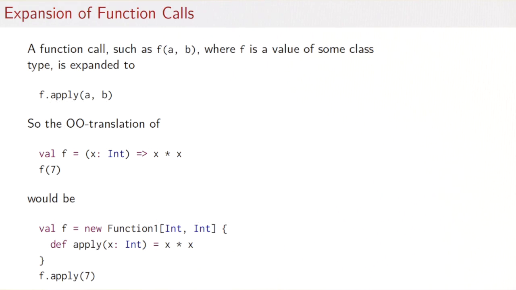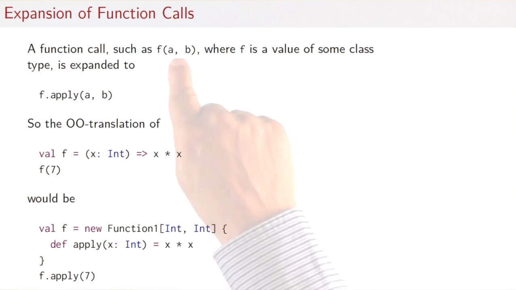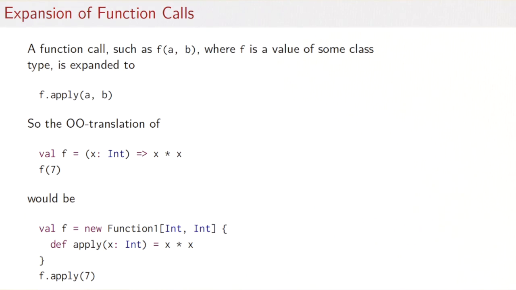Okay, so now we've seen how we represent functions. But what about applications of these functions, or function calls? Let's say we have a function that started life as this anonymous function, so it's an object, and now we apply it to two concrete arguments, a and b. What would that expand to? Well, it would expand to simply calling the apply method of the function value with the same arguments.